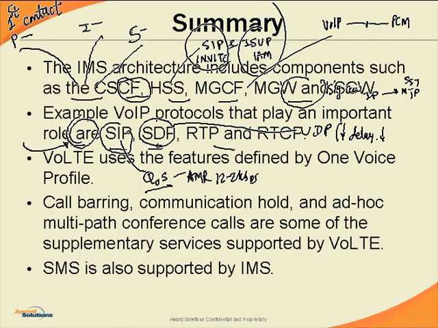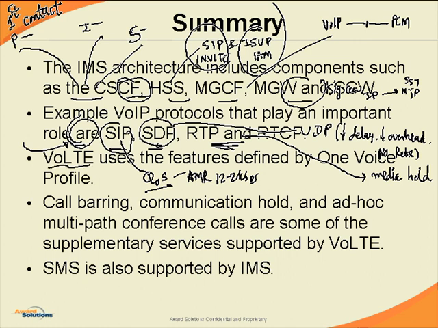Otherwise, there will be long delay and quality would be quite bad. So no retransmission at that layer. The control protocol, RTP control protocol, is used in LTE when the media is placed on hold. This is just a keep alive mechanism, making sure that the connection is already there.